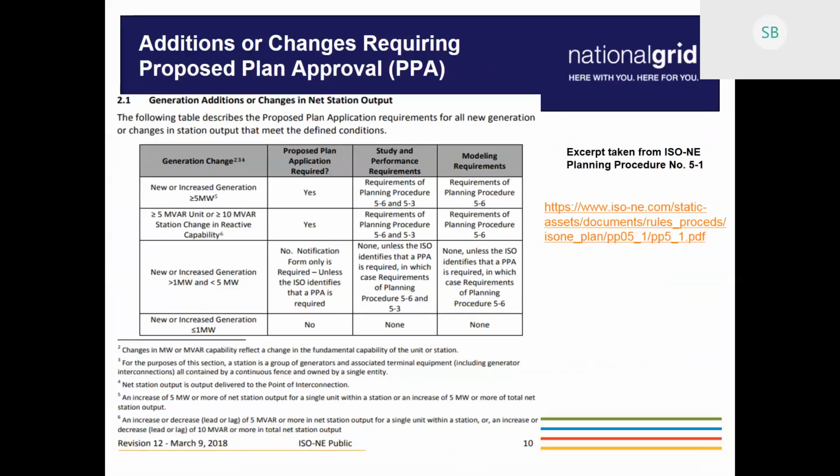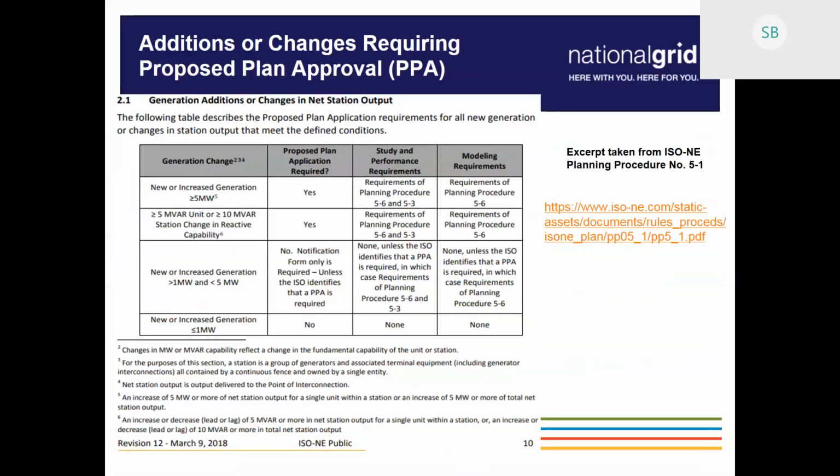So, ISO has the discretion to indicate whether a PPA is required, even for projects between 1 and 5 megawatts, or maybe not, or even a full-blown transmission study. It all depends on the area, how congested that area is.